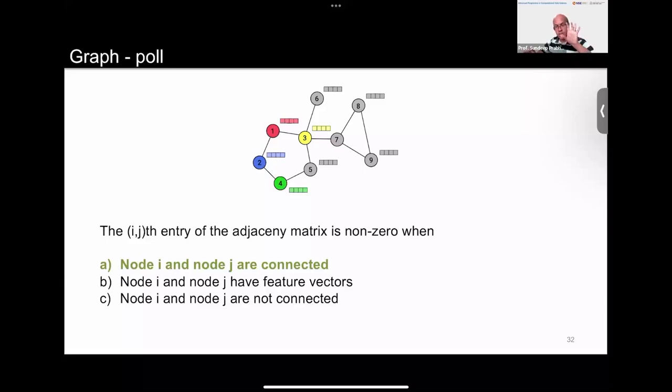Now, there are two different matrices that we work with, A and X. I can always have a feature vector, irrespective of whether there is an edge between a node or not. Feature vector is an attribute of a node. Adjacency matrix is an attribute of connection between two nodes.